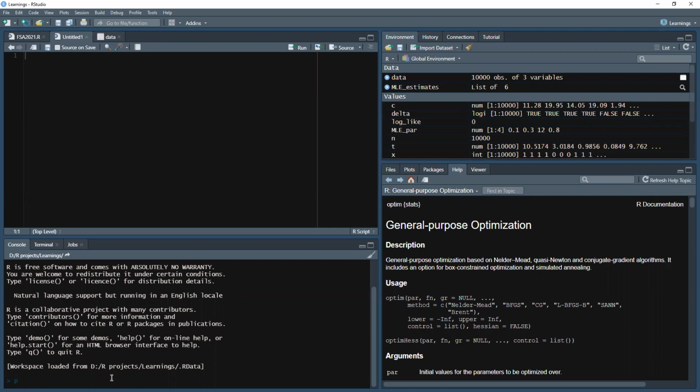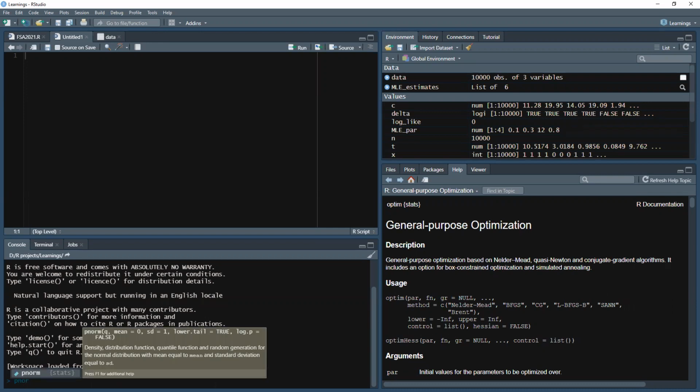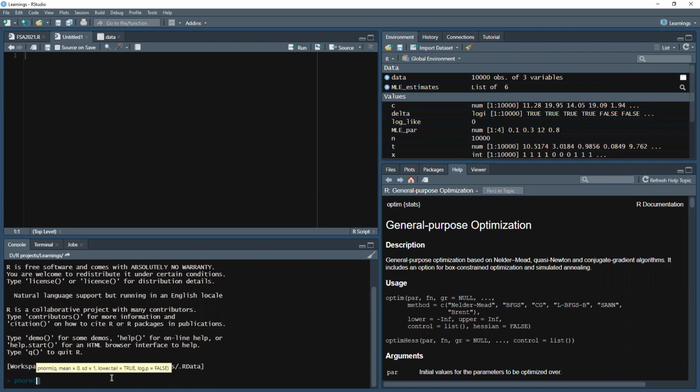Not in our case now, we need the normal distribution. We start writing down norm and it suggests norm. Now for q, we put 0.5. For mean, we put 0. For standard deviation, we put 1. So we are working with the standard normal. Then you can leave other parameters set to default values. For lower tail, we will put true.